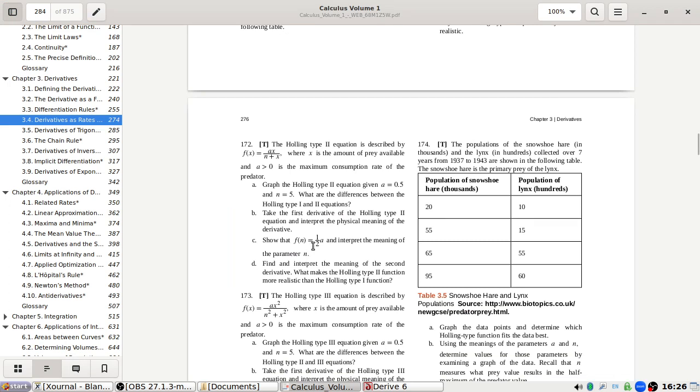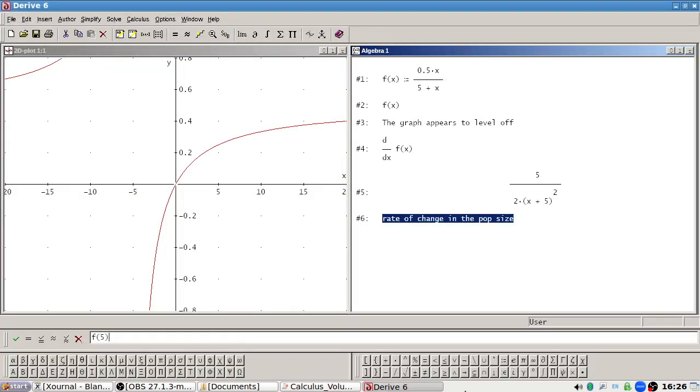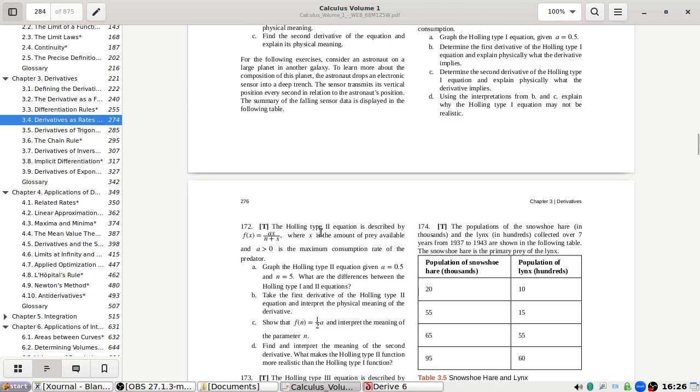So we are taking n as 5 still. So f(5), that is a half a, because a is a half. So the interpretation, we just go back to what the A means.